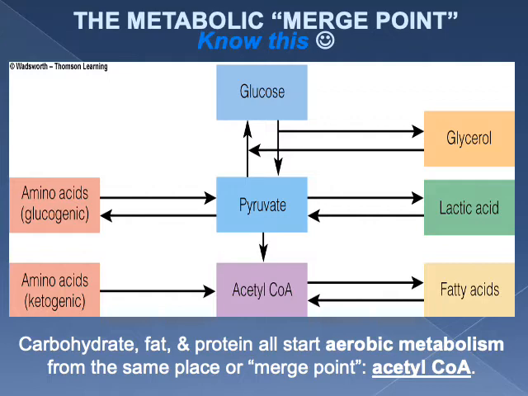And some amino acids can be converted to pyruvate, and some amino acids are converted to acetyl-CoA when they're metabolized. The amino acids that are converted to pyruvate are called glucogenic amino acids because those are the ones that can ultimately make glucose. Amino acids that are ketogenic cannot make glucose, but they can make either ketones or fatty acids.